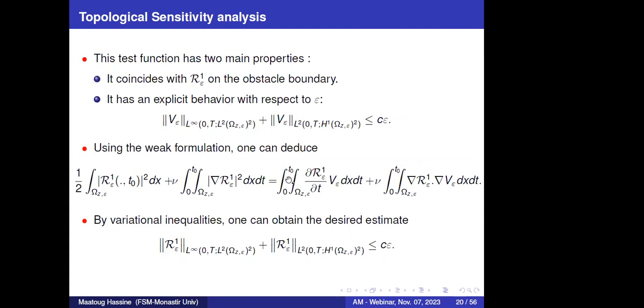The main property of this test function is that it is consistent with the term R1 epsilon on the obstacle boundary, and it has an explicit behavior with respect to epsilon. Using the weak formulation of the Stokes problem satisfied by R1 epsilon, one can deduce that R1 epsilon satisfies this equality. By the variational inequality, one can deduce the estimate for the first term.